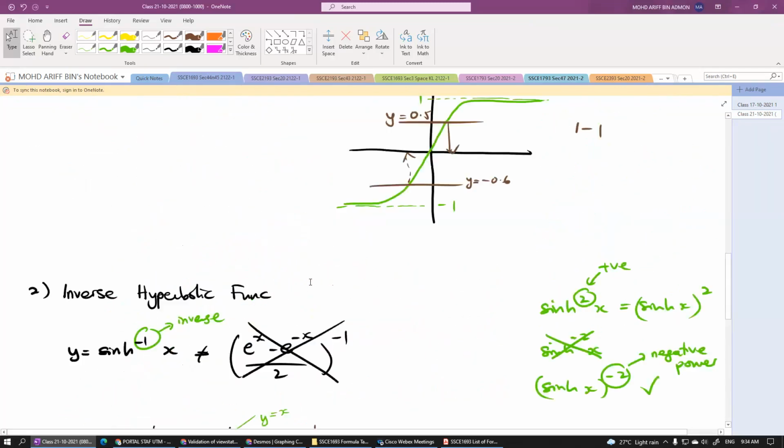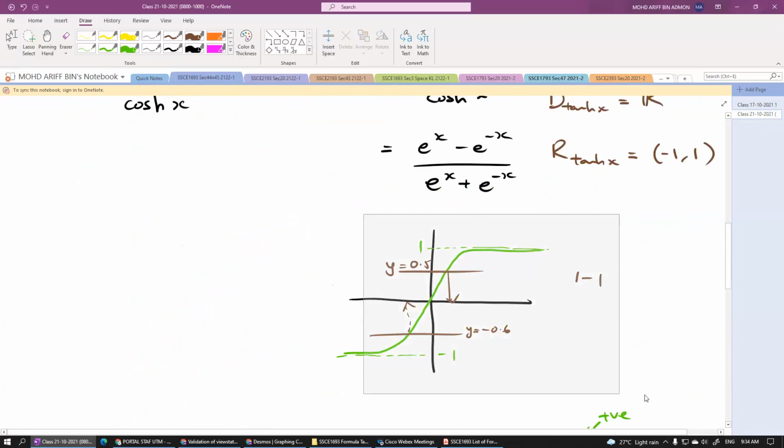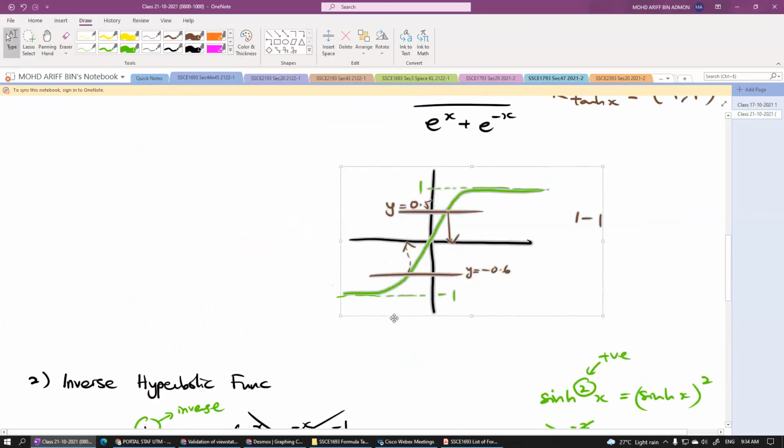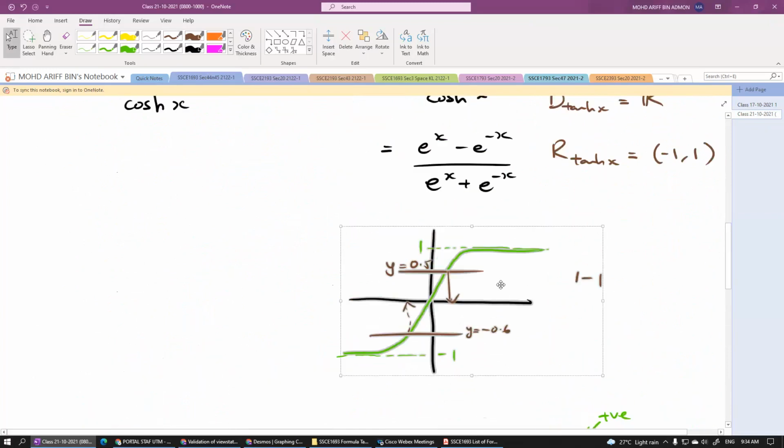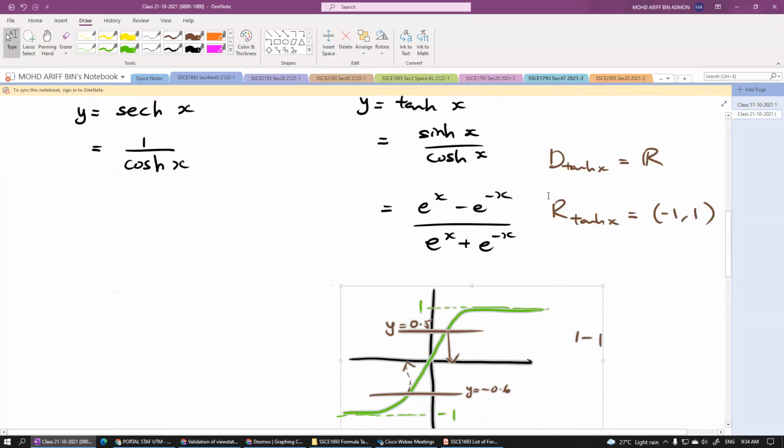So you may try this one. Quite interesting. This is the range; later you get your graph, the domain for the inverse. The inverse tangent hyperbolic should be this one.